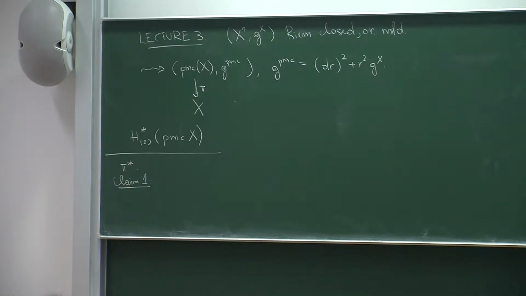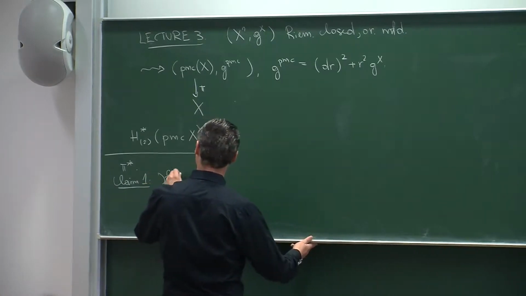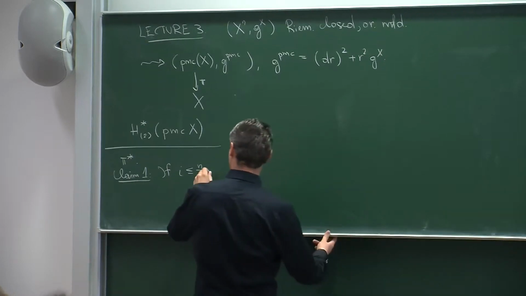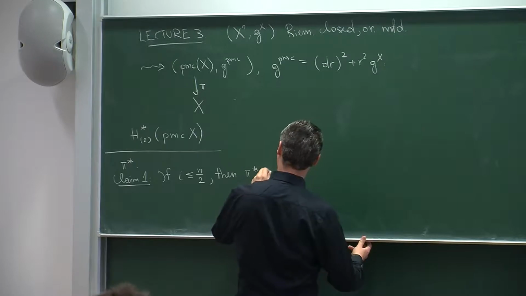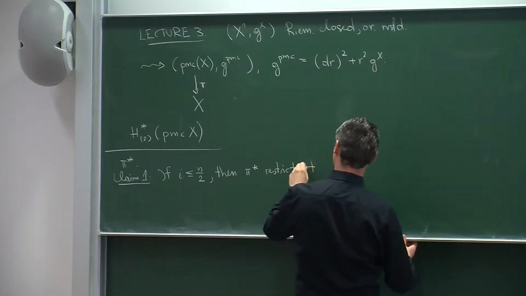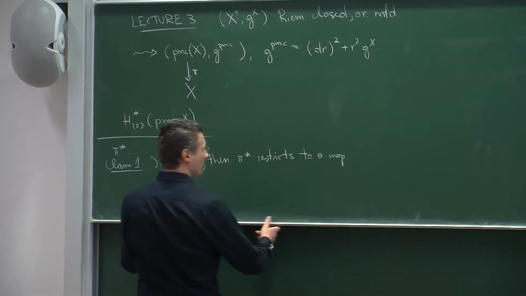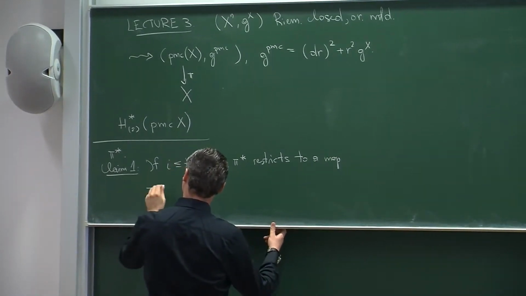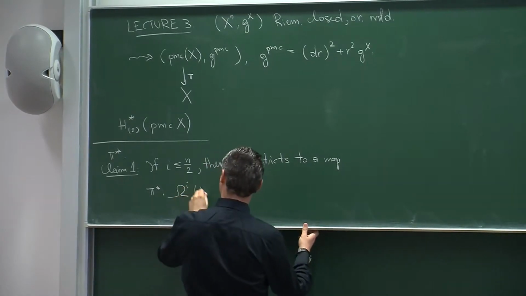So if i is less than or equal to n over 2, I claim, then pi star restricts to a map from i forms on X to L2 forms on the punctured metric cone.